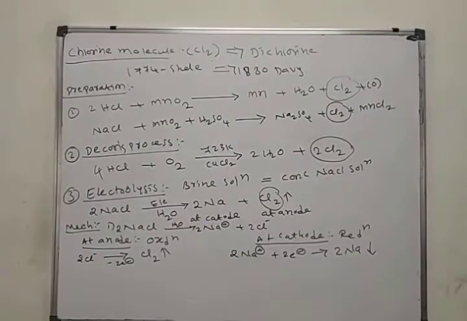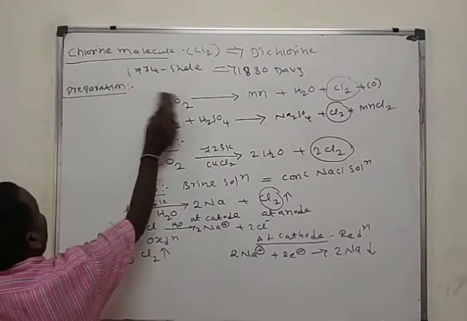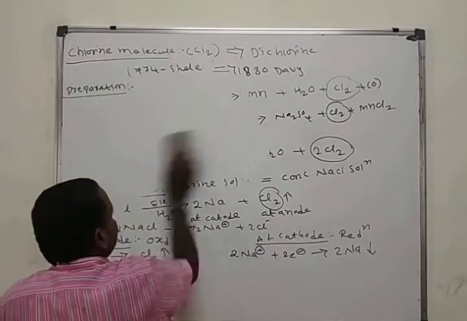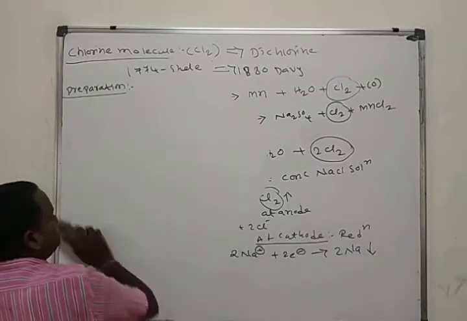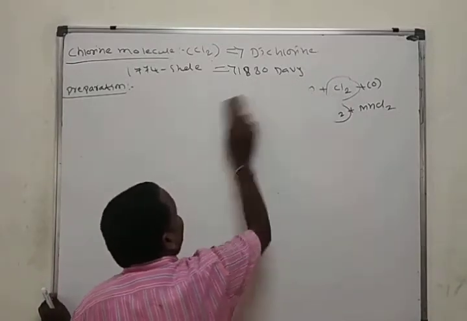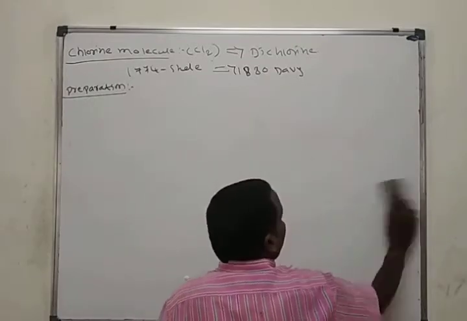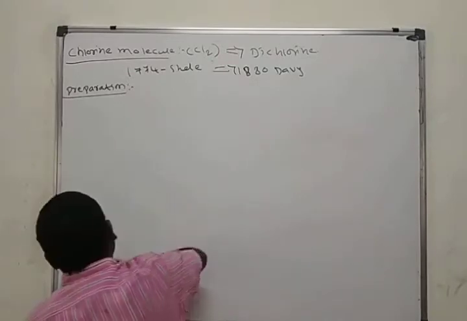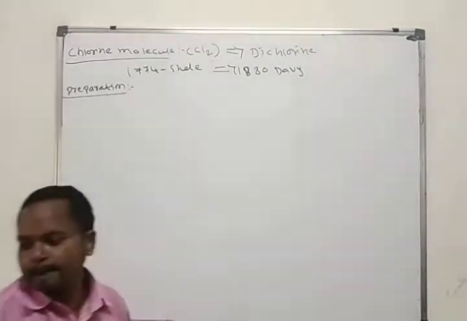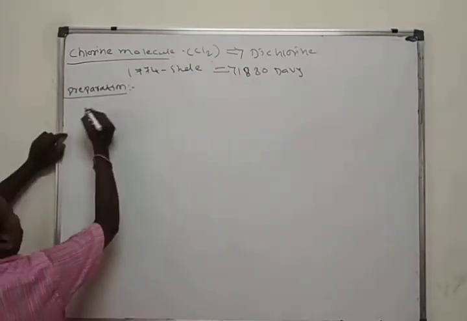When potassium permanganate, KMnO4, reacts with hydrochloric acid. That means oxidation of hydrochloric acid.